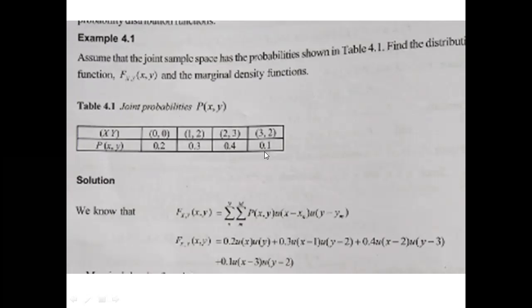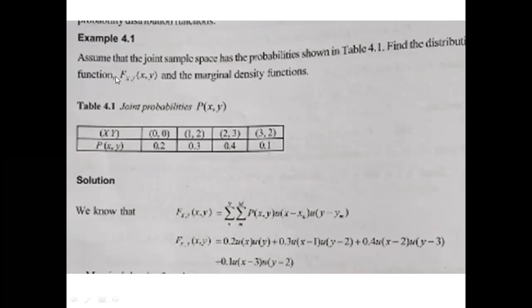Here we are taking two random variables, that's why the sample space has these events. The corresponding probabilities are p of x, y. So this table is given, and for this table we are calculating the required values.